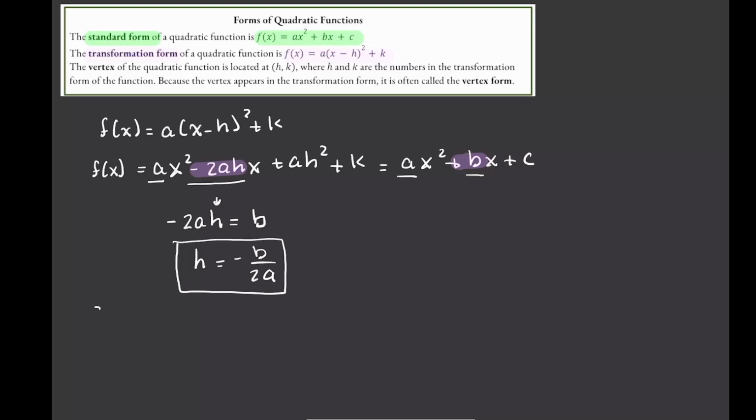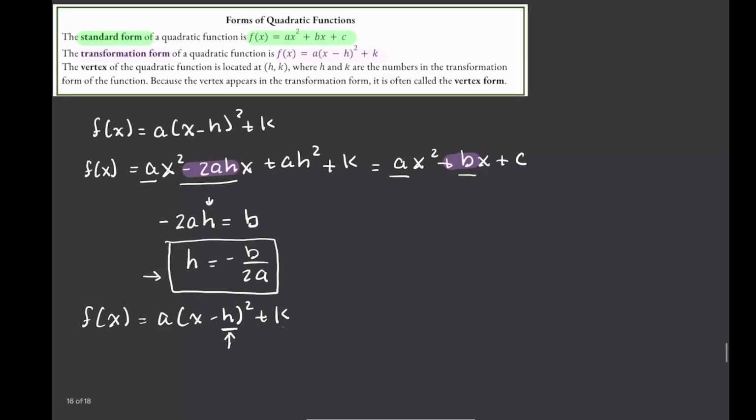So here, I'm going to write my transformation form: f(x) = a(x − h)² + k. For my h value, I can use the fact that h is equal to −b/(2a). And my k value is found by doing f(h), meaning taking that h value and plugging it back into the equation, and whatever that value is, it's going to be your k value.